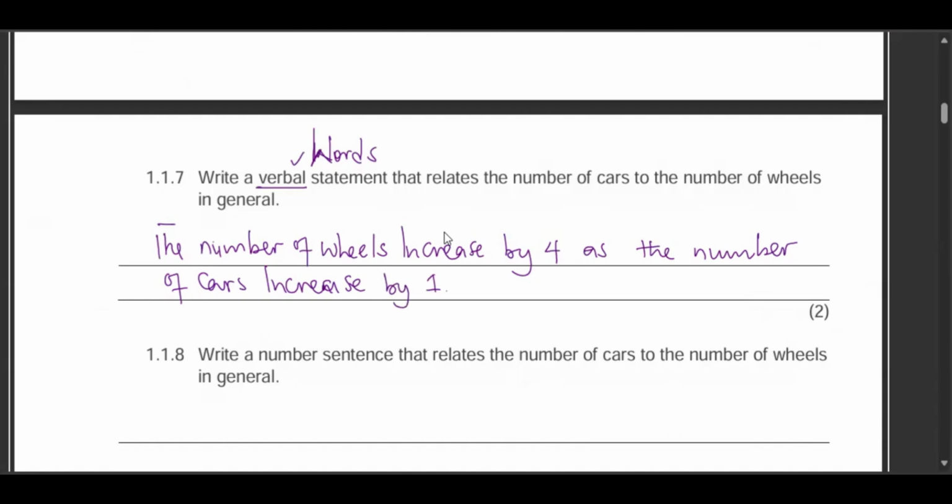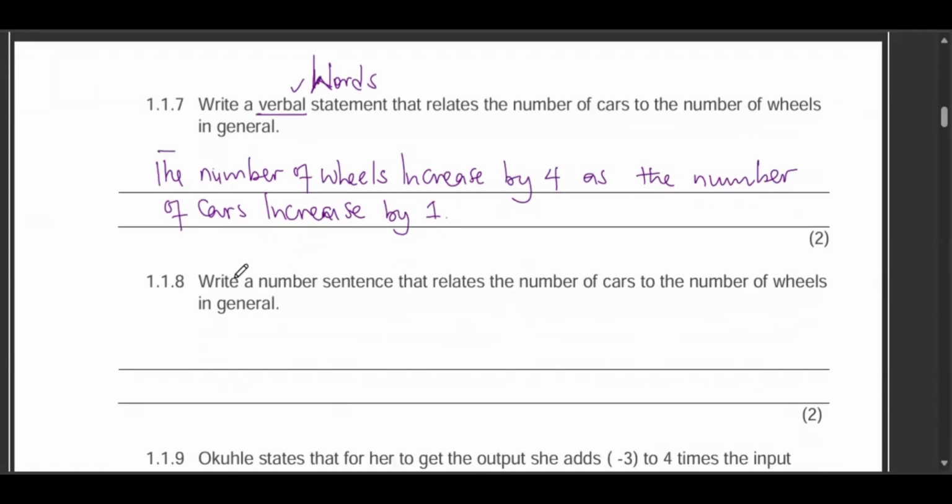Someone else would have said it's direct, whereby as the number of cars increases, the number of wheels also increases.